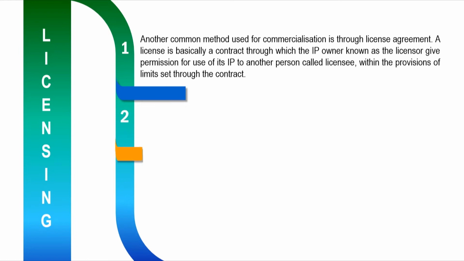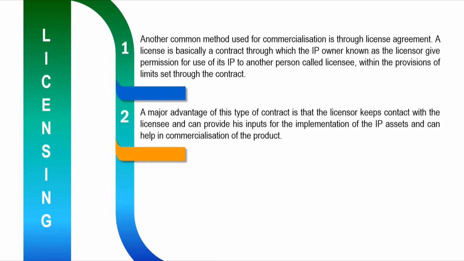Now, a major advantage of this type of contract is that the licensor keeps contact with the licensee and can keep on providing his inputs for the implementation of the IP asset and can also help in the commercialization of the product. That means the inputs of the licensor are still intact with the licensee.